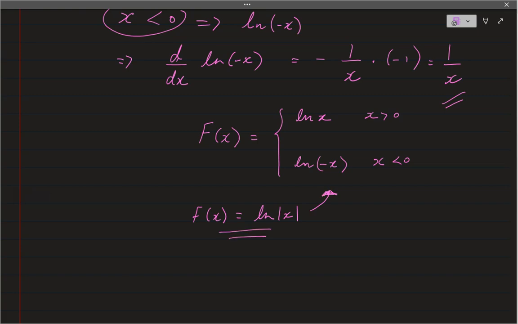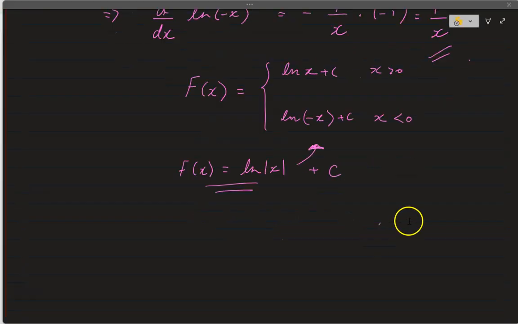And by the way, in each case you should add c to that, because again, this constant c matters. So the top one plus c and plus c there. So this is one of the three special cases. I'm going to talk about the second one, and then the third one I'm going to do a video on, so come back to that.